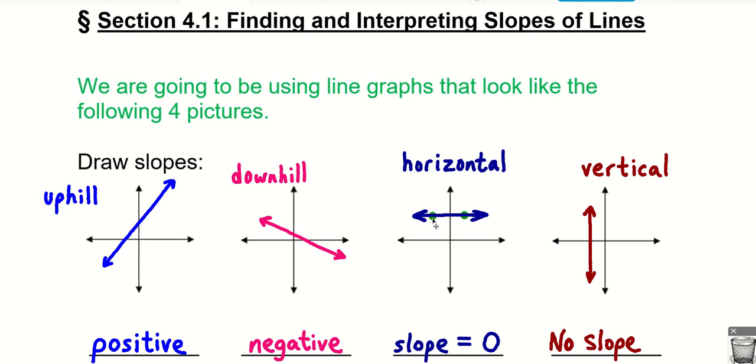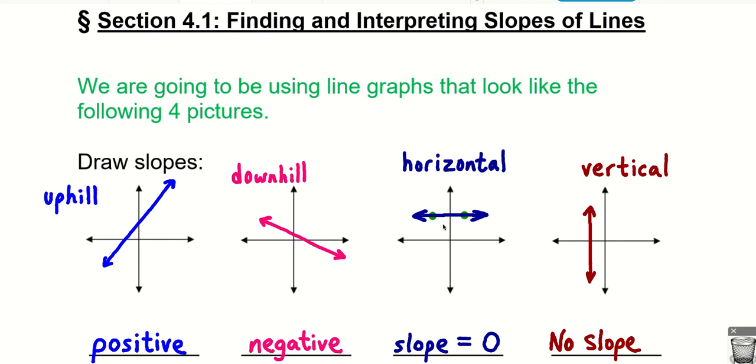Well, if you're going from this green dot to this green dot on this horizontal line or any horizontal line, what's your rise? Oh yeah, your rise is 0, and then what's your run?